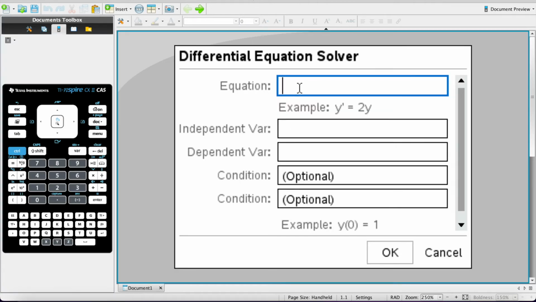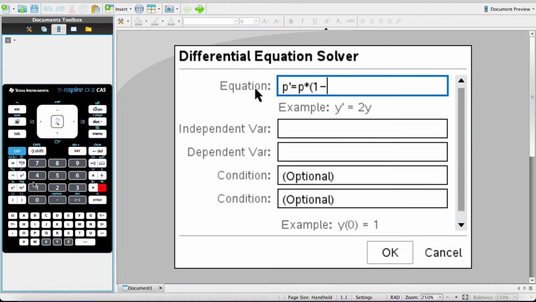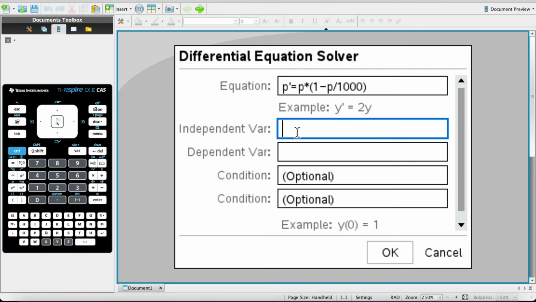So the equation is p dash is equal to p times 1 minus p on 1000. The independent variable, I forgot which one's independent and which one's dependent. The independent is t, I believe. The dependent is p. And condition 200.